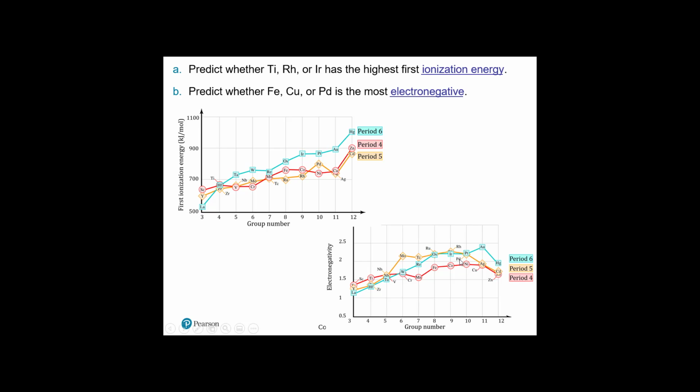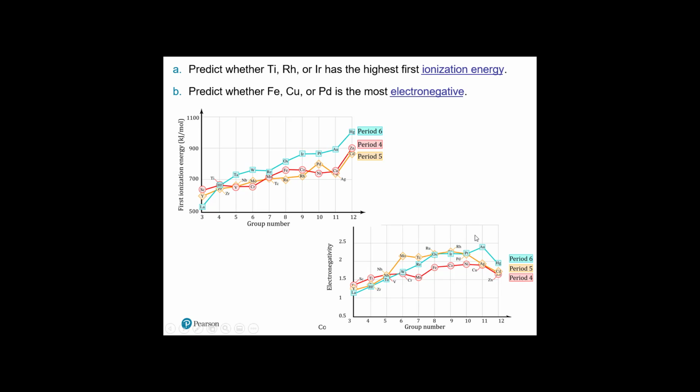Palladium, which is right here, is a period 5 element. And then we need copper, which is right here. When we look at these, remember that electronegativities of period 5 and 6 transition metals are similar and tend to be higher than those of period 4 transition metals.